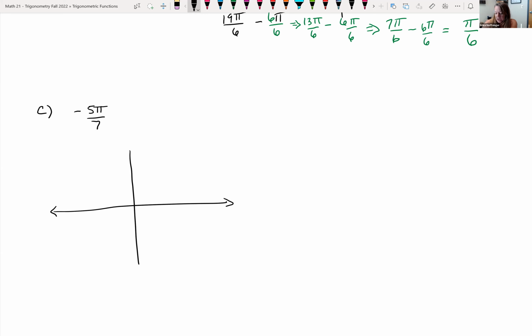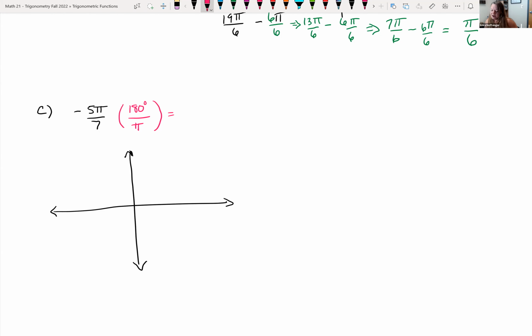It's going to be going clockwise because my angle is negative. If it helps you, then convert this into degrees. And recall, to rewrite it into degrees, we would multiply this by 180 degrees divided by pi. So the pi's are going to cancel.